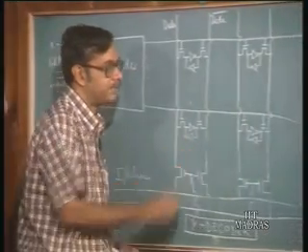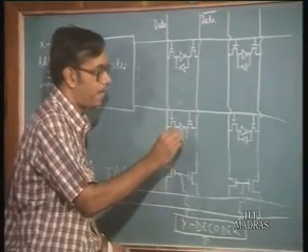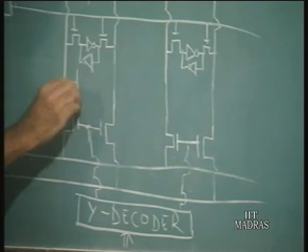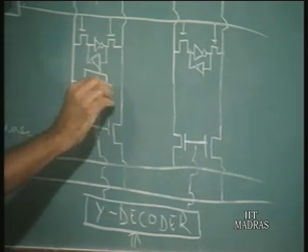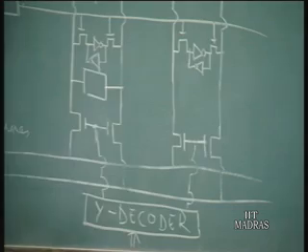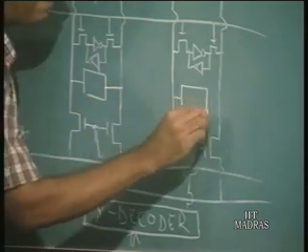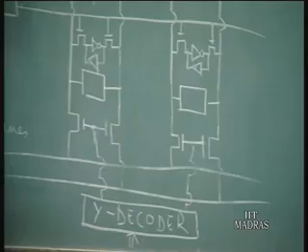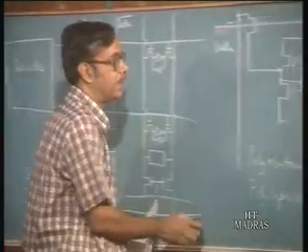So, what we have here is a sense amplifier. For each column we have a sense amplifier connected to the data lines. Now, what is this sense amplifier? Let us see.